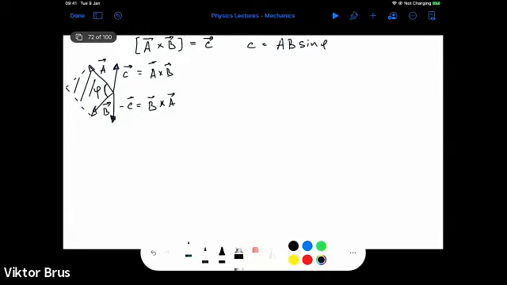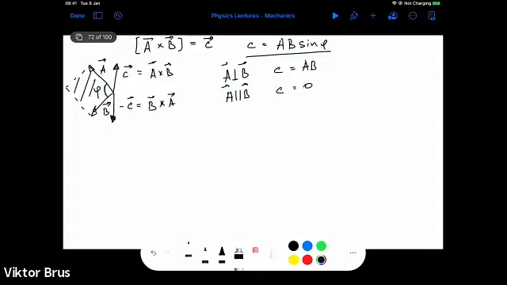So these basic features we need to know. Also, it comes actually from here. If we have two perpendicular vectors and we get some cross product of perpendicular vectors, then the magnitude of vector C will be just the product of A and B. And if vectors are parallel, C is equal to 0.